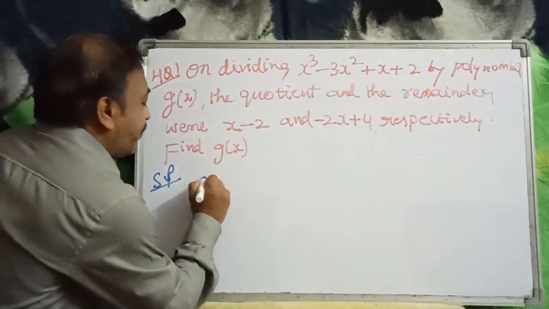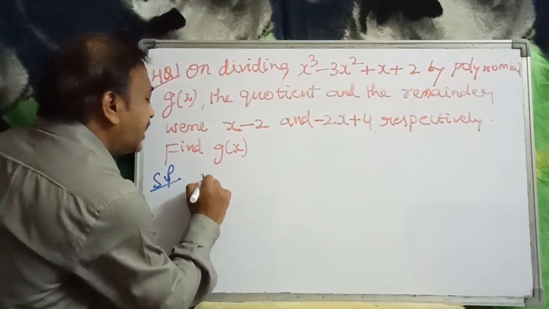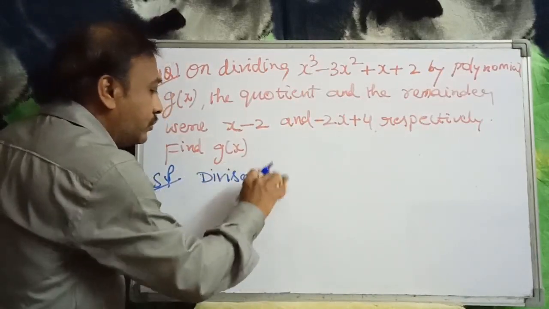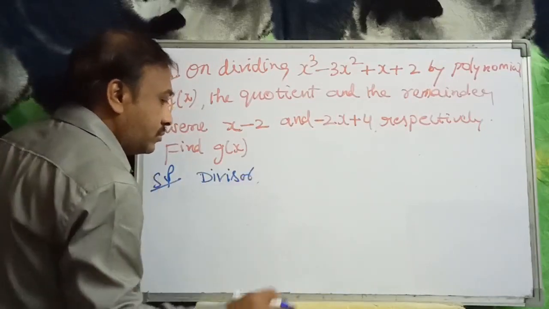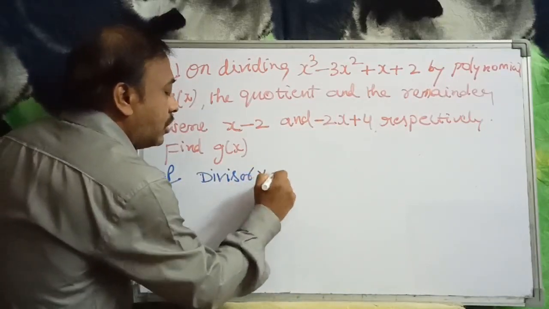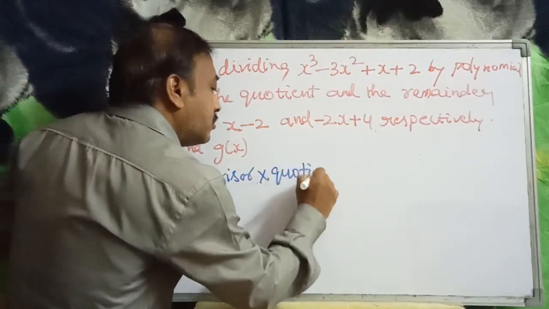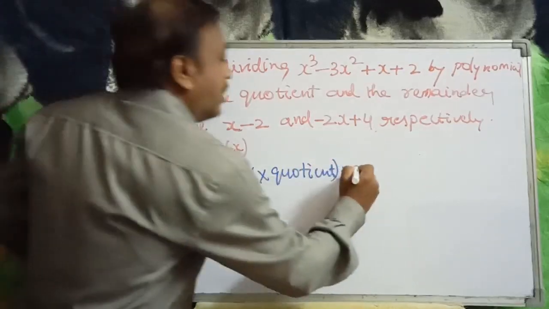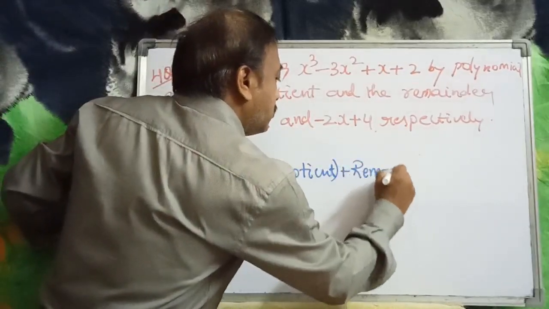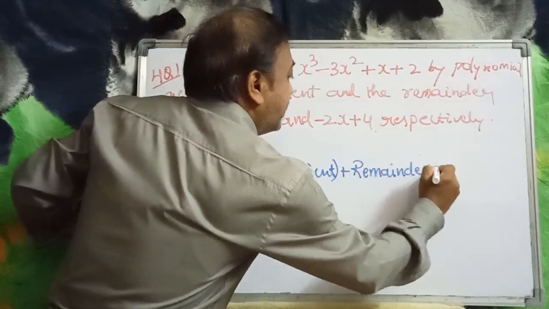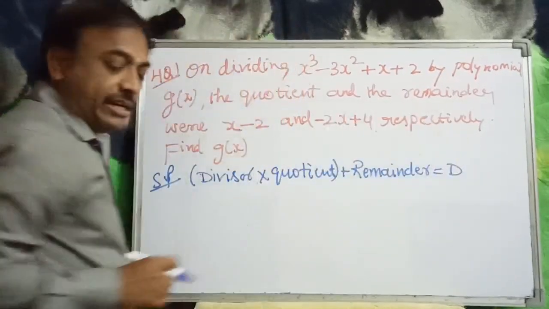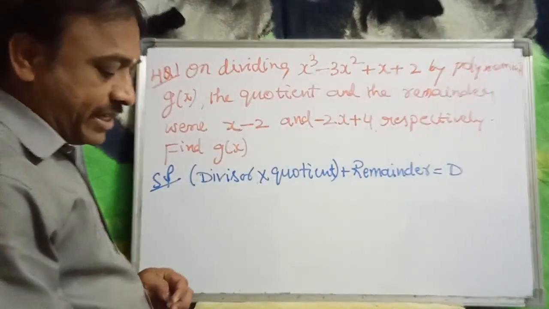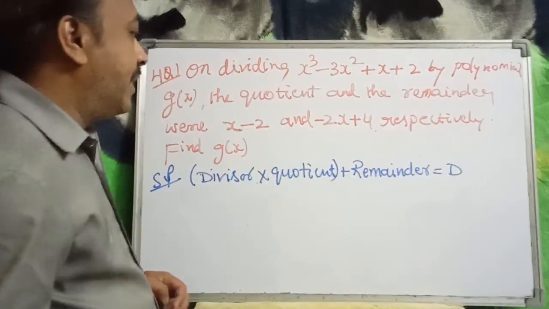That is, divisor into quotient, plus, these two being in product form, remainder is equal to dividend. Divisor into quotient plus remainder is equal to dividend.